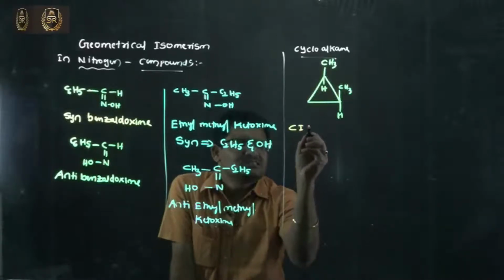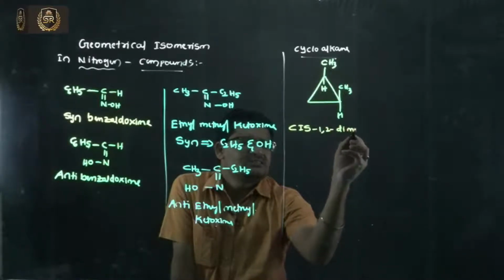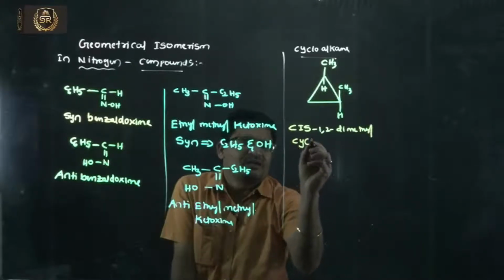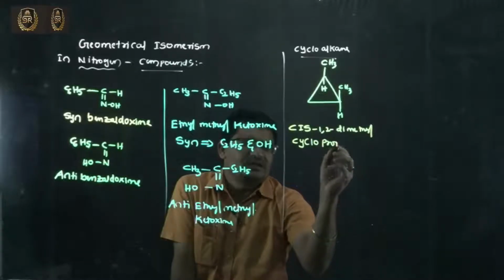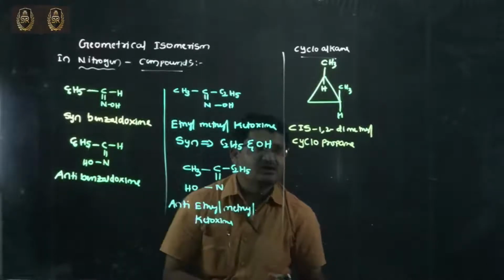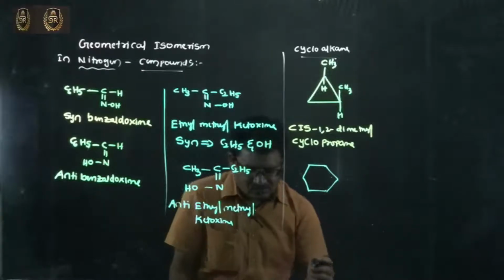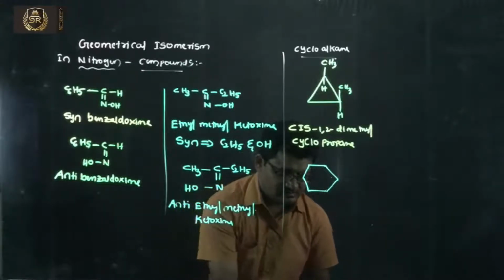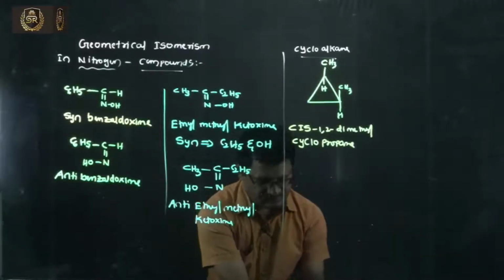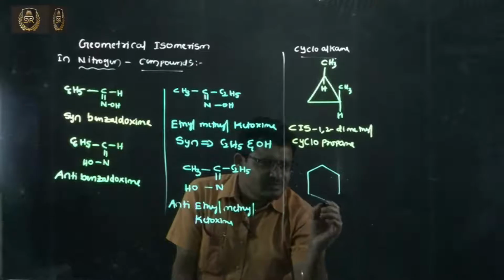This is cis 1,2 dimethyl cyclopropane. Now let us see another example. This is a 6 membered ring.